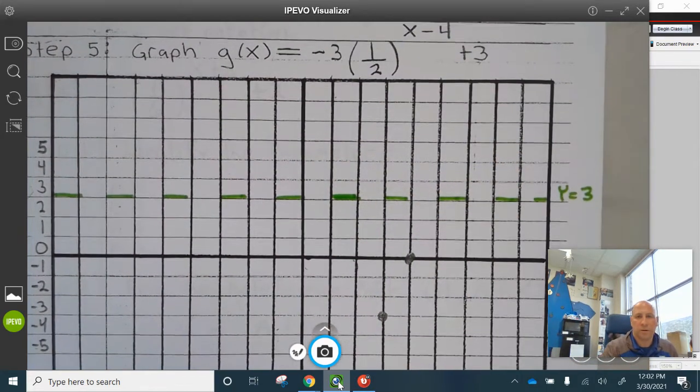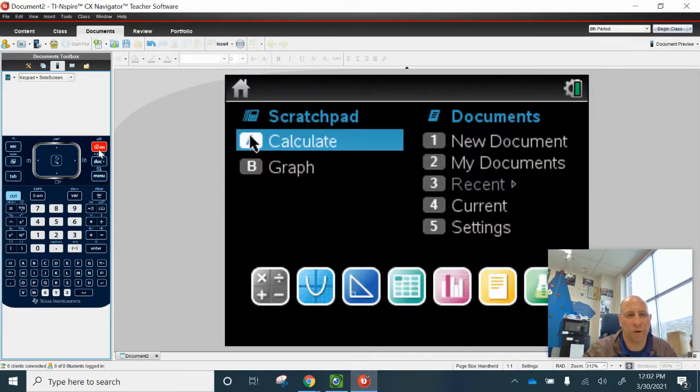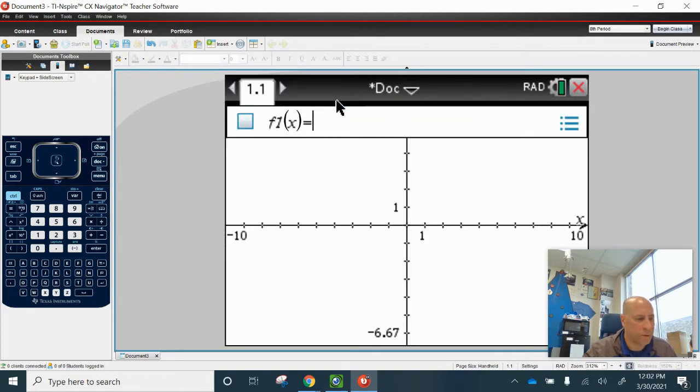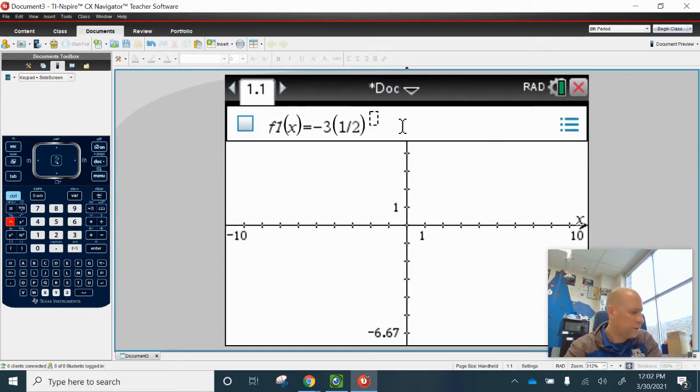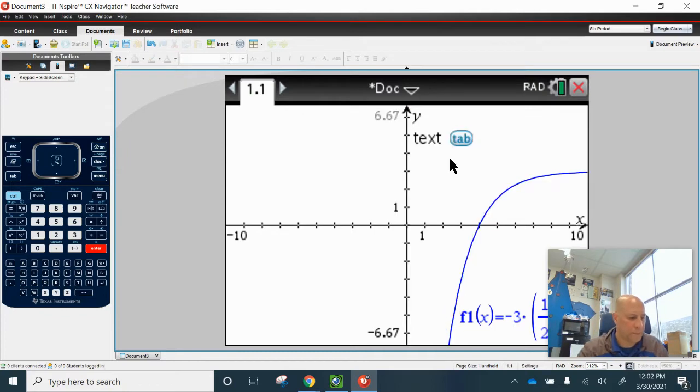Now let's graph using our calculator. So on new document, add graph. Our equation is -3(1 divided by 2)^(x-4) + 3.